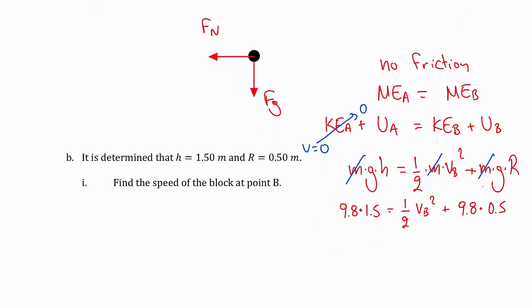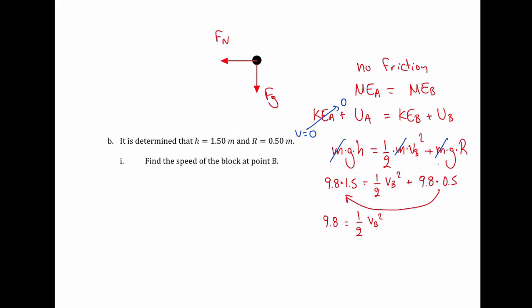And we need to solve this equation for VB. So first we take this term to the left, so 9.8 is the common factor times 1.5 minus 0.5, so just 9.8 is equal to half VB squared. If we multiply by 2, 19.6 is equal to VB squared, so the velocity at B is the root of 19.6.